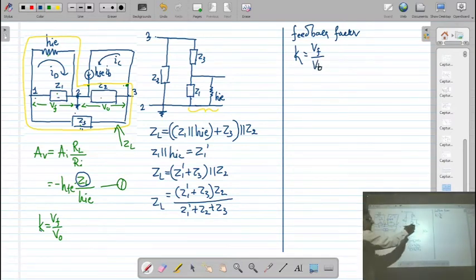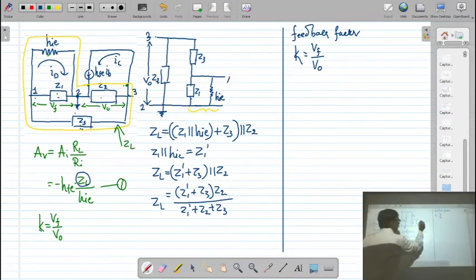Now, if we look at the circuit diagram, across the Z1, what we have? VO means my output voltage is here. And where is the feedback voltage? Across the Z1. So, here, whatever the voltage is going to be induced, it is my feedback voltage. So, that voltage we have to write.